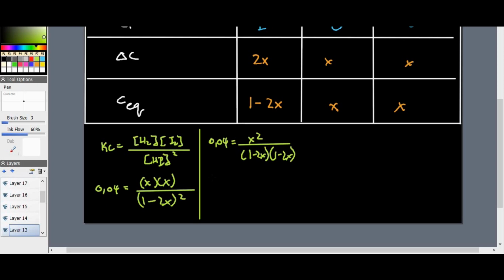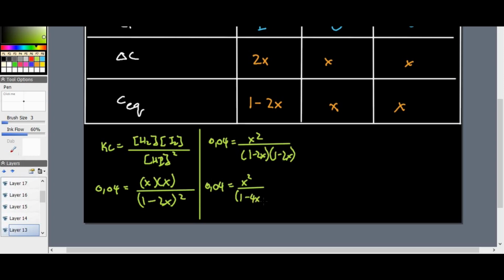So if we can do that, we'll have 0,04 is equal to, again, x squared all over, well, that's going to be 1 times 1 is 1. That's going to be minus 2x. Minus 2x, that's going to be minus 4x.